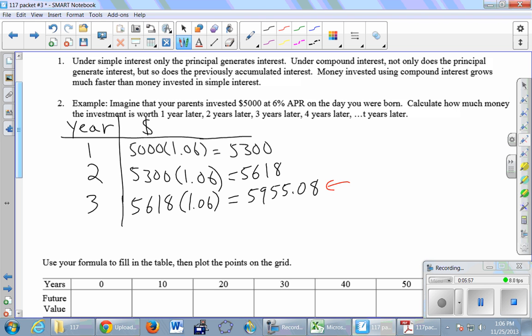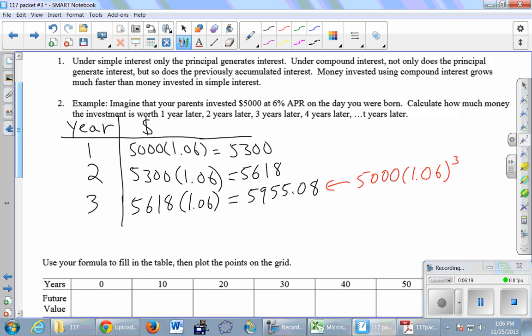I want you guys with the calculator to type the following thing in. 5,000 times 1.06 to the third power. What did we get? 5,955, right? Exactly that.